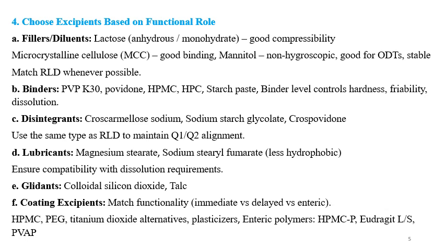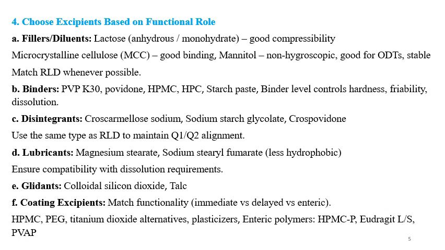So go for selection of excipients like disintegrants. Try to use or match the RLD. Lubricants: magnesium stearate, sodium stearyl fumarate. So ensure the compatibility. One of the most important things is meeting the compatibility. Then glidants like talc and colloidal silicon dioxide can be used.